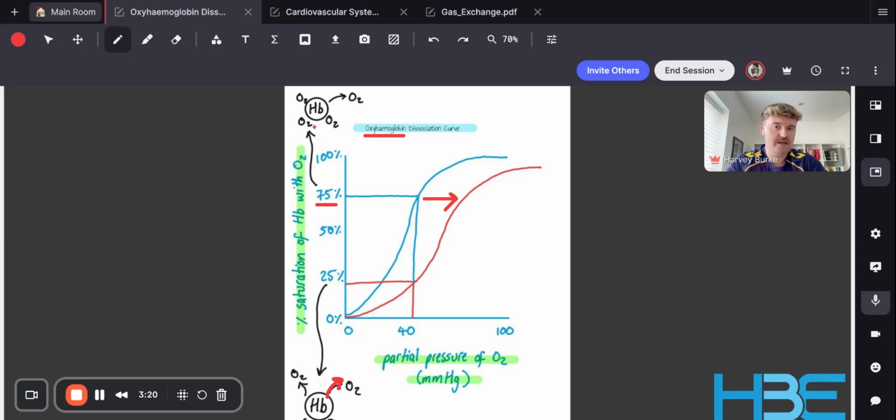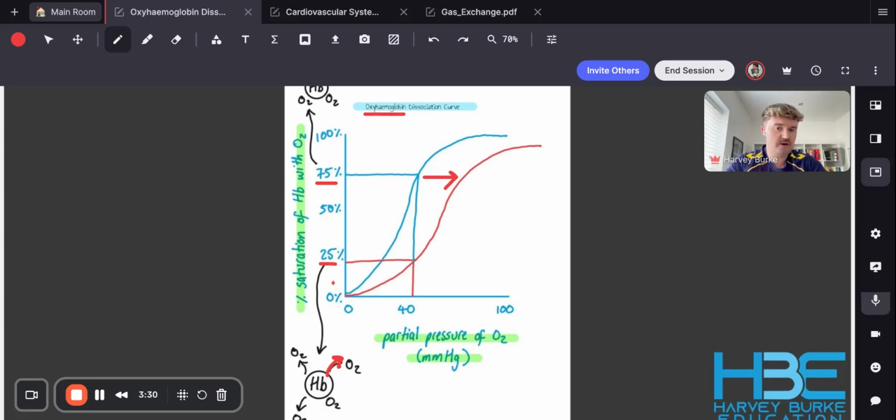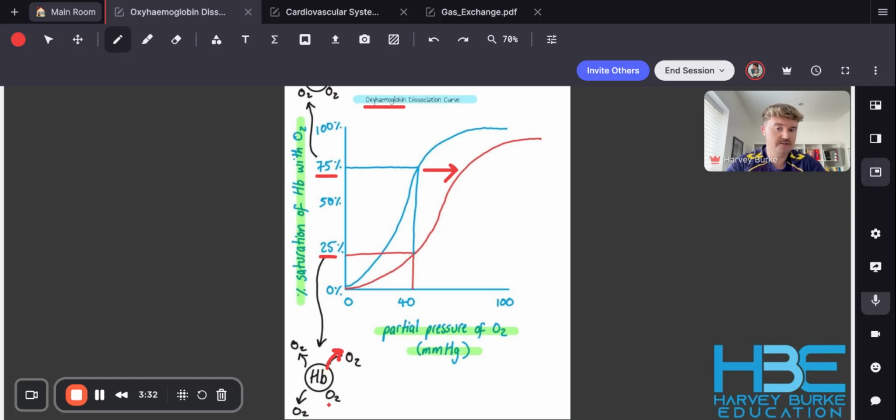It'll have 3 out of the 4 oxygens bound to it, and that means that it's dissociated with 1 out of the 4. If hemoglobin is 25% saturated with oxygen, it will look like this. So it'll only have 1 out of the possible 4 oxygens bound to it, and that means it's dissociated with 3 out of the 4.